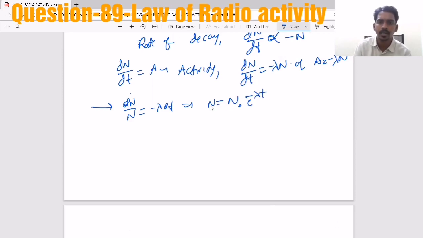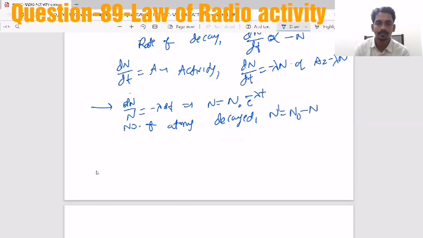So this is the number of atoms undecayed after time t, and the number of atoms decayed, n dash, is n naught minus n.